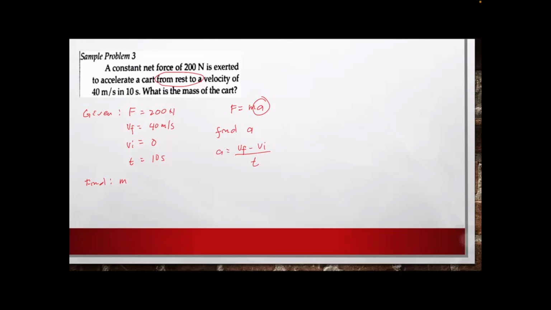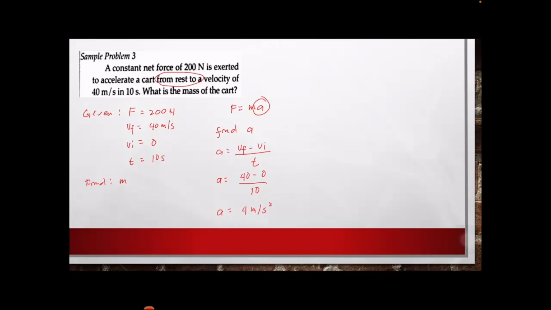So, A is equal to 40 minus 0 over the time of 10. So, what is the acceleration? Nathan. 4 po. We can have 4 meter per second squared.